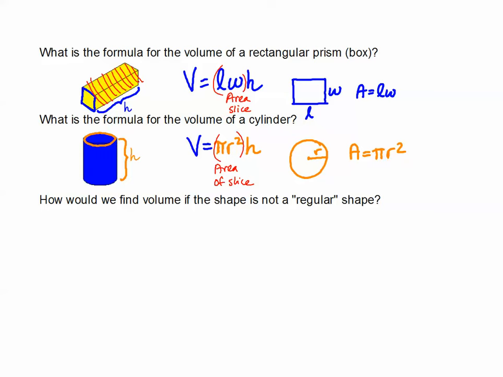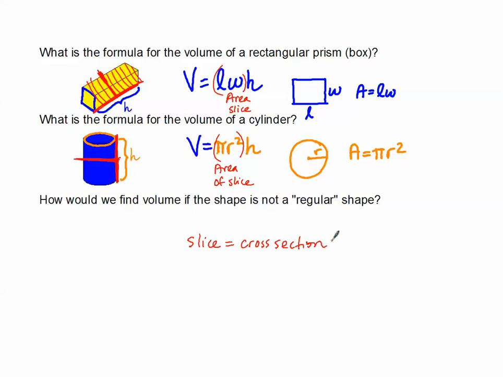Well, in relation to the height, in this one, the height was going front to back of the picture. I sliced perpendicular to that height. In the cylinder, the height was going up and down. To get my circle, I sliced perpendicular to the height. That's what we want to think when we're talking about the slice or the cross section. I'm going to use those words interchangeably because to me they mean the same thing.